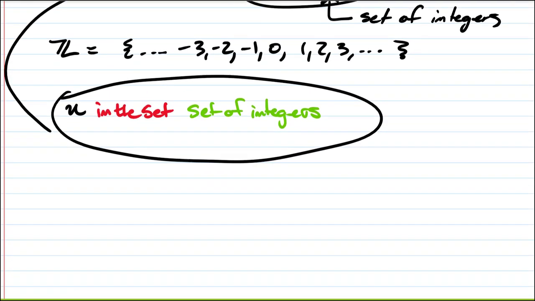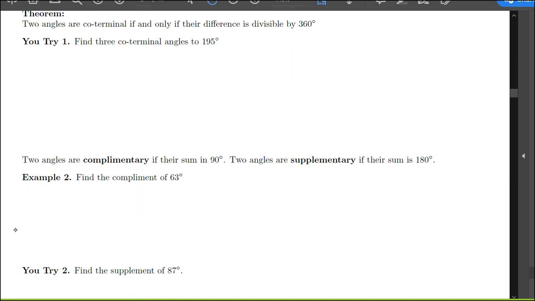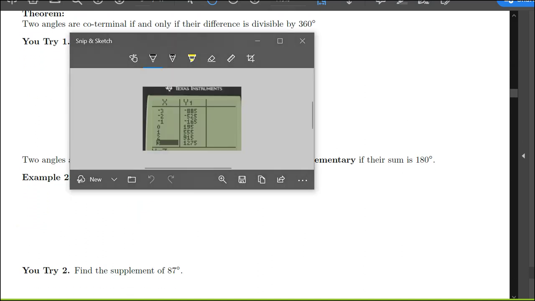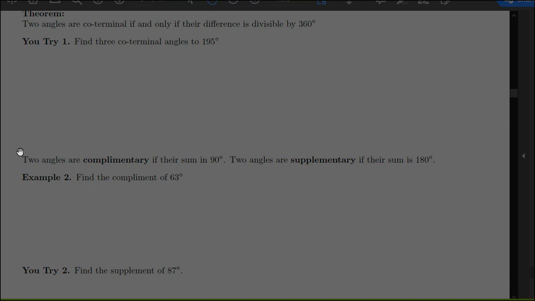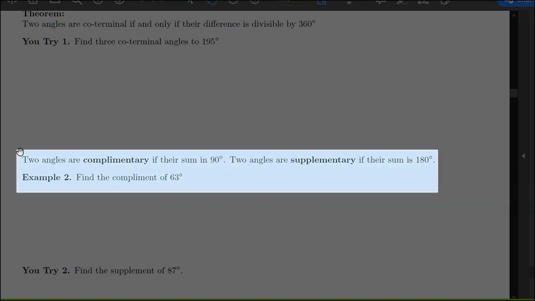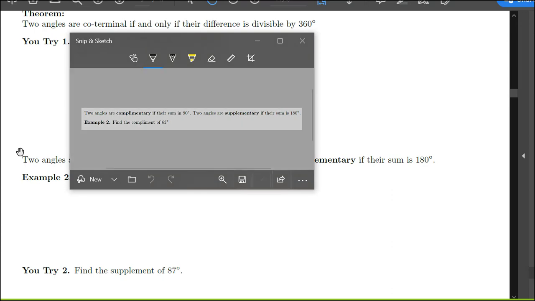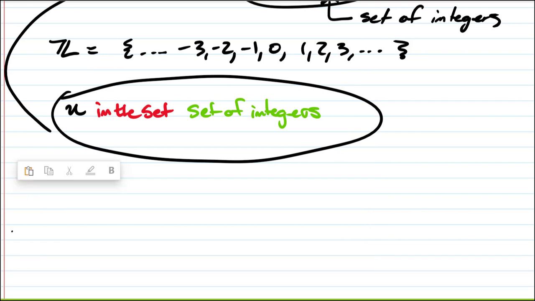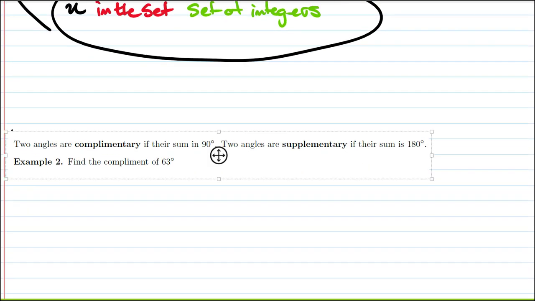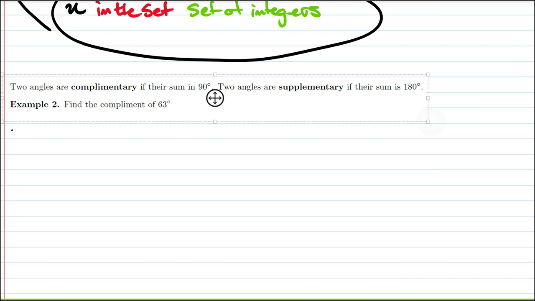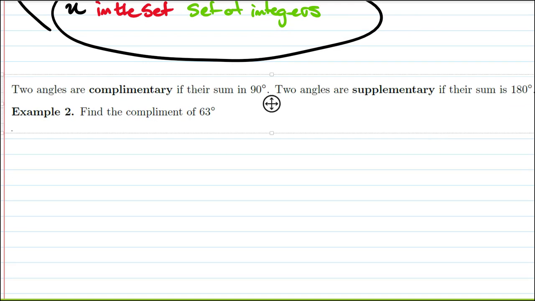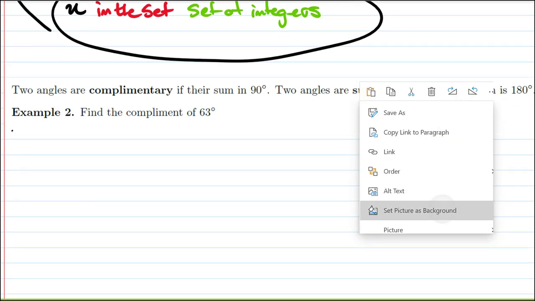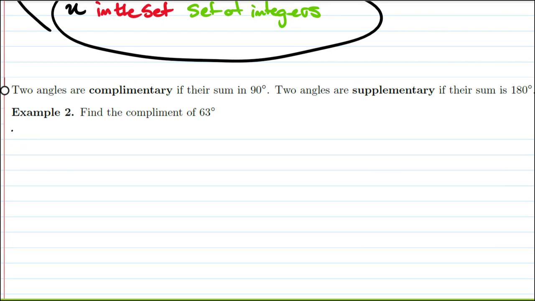So we have another definition, which is about complementary angles and supplementary angles. So two angles are complementary if when we add them up, their sum is 90 degrees, and two angles are supplementary if their sum is 180 degrees.